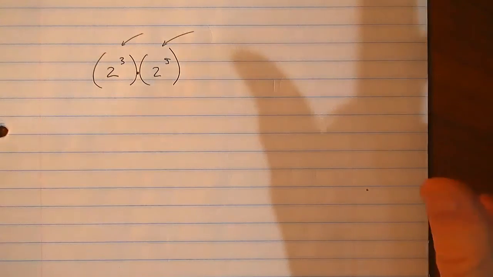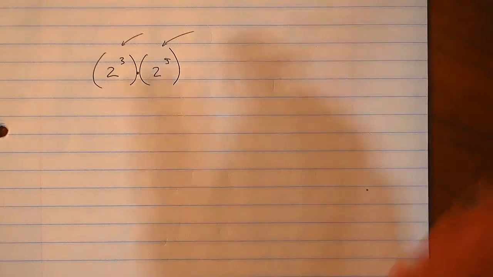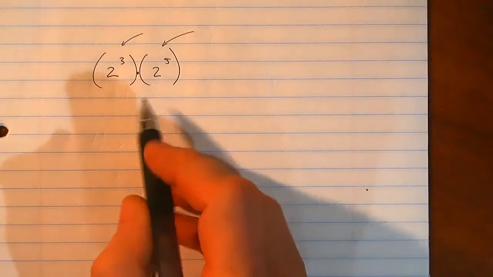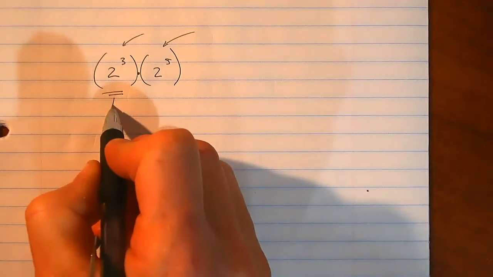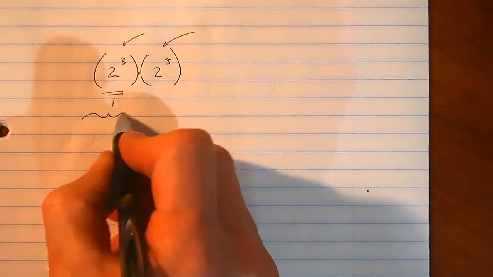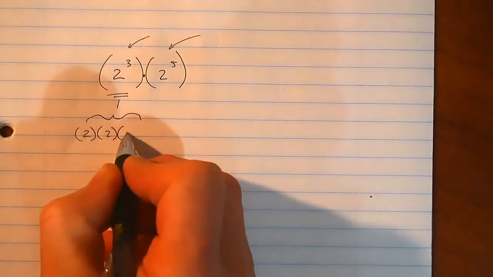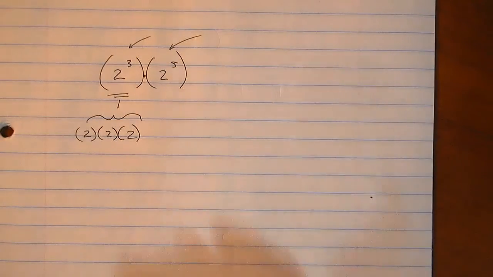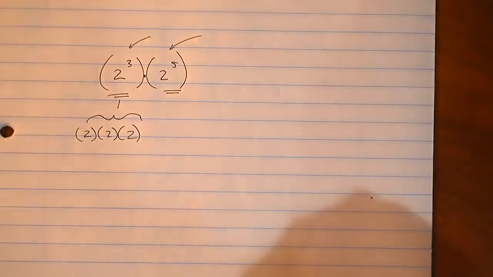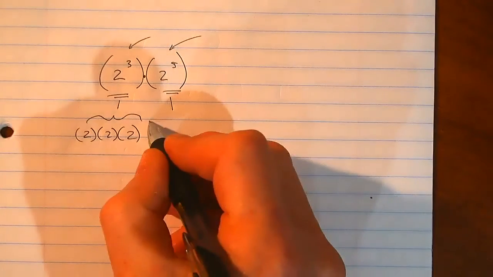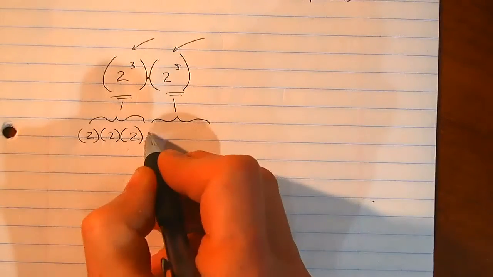Okay, now where does this rule come from? Well, let's take a look at what these literally mean for just a second. This means that I have multiplied together 3 2's. And this, 2 raised to the 5th power, means that I have multiplied together 5 2's.